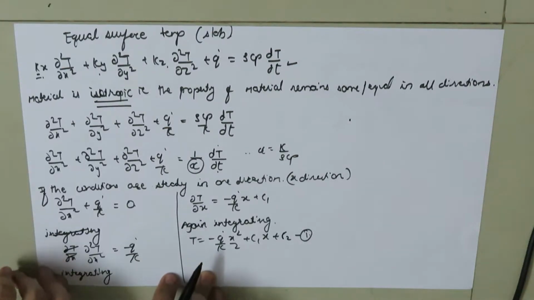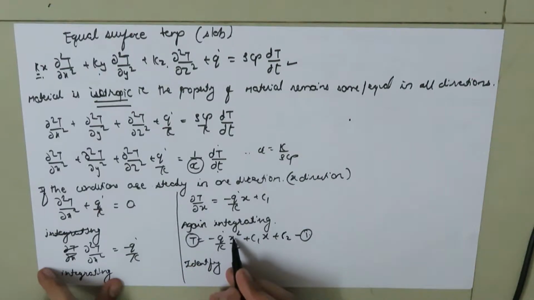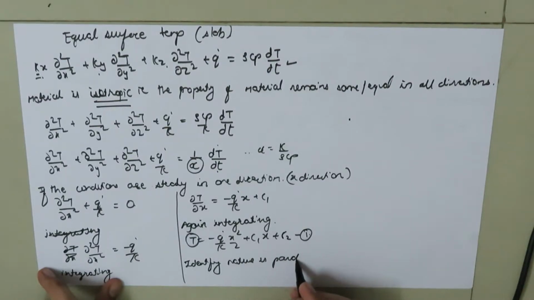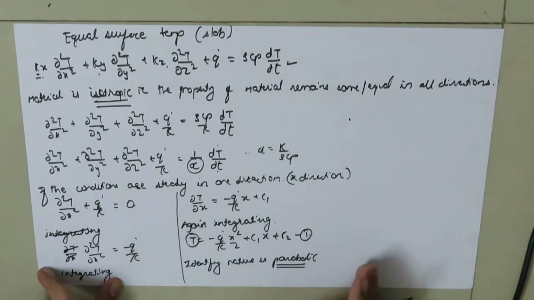Here we can easily identify that the temperature is a function of distance x and the nature is parabolic, because T is proportional to x squared.